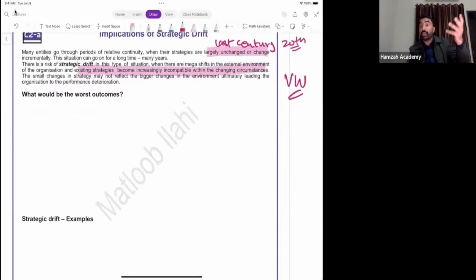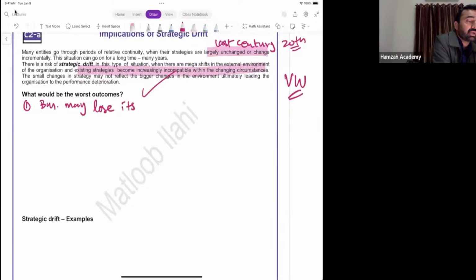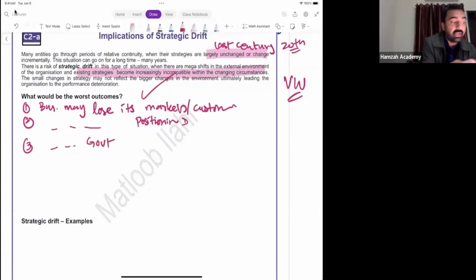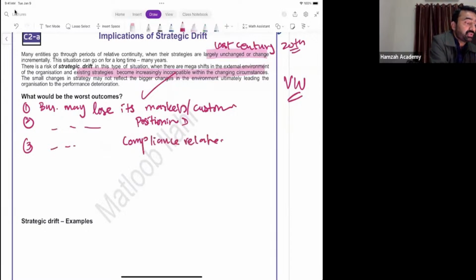There are many situations we can discuss in this context, the worst outcomes. For example, the business may lose its markets, its customers. Number two, it may lose its positioning. It may become subject to the government, for example compliance related issues.